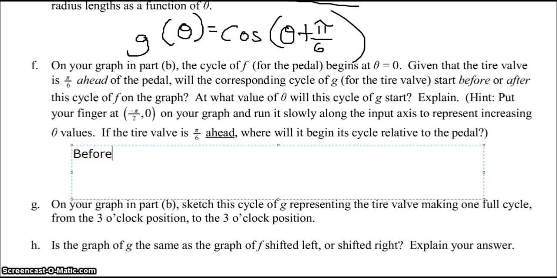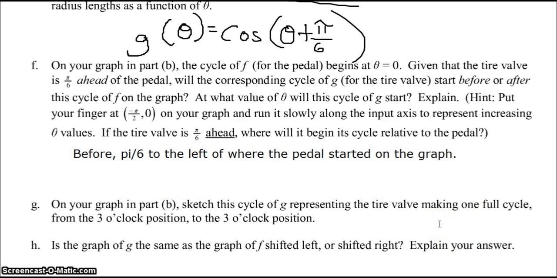It says, hint, put your finger at negative pi over 2, 0 on your graph and run it slowly on the input axis to represent increasing theta values. If the tire valve is pi over 6 ahead, where will it begin its cycle relative to the pedal? It will begin before, pi over 6 to the left of where the pedal started on the graph.